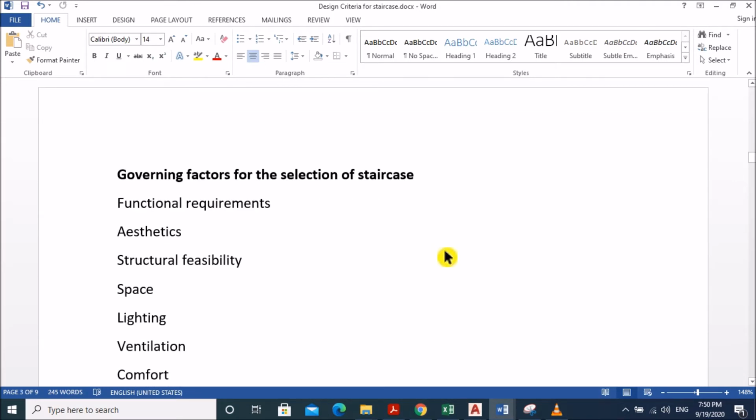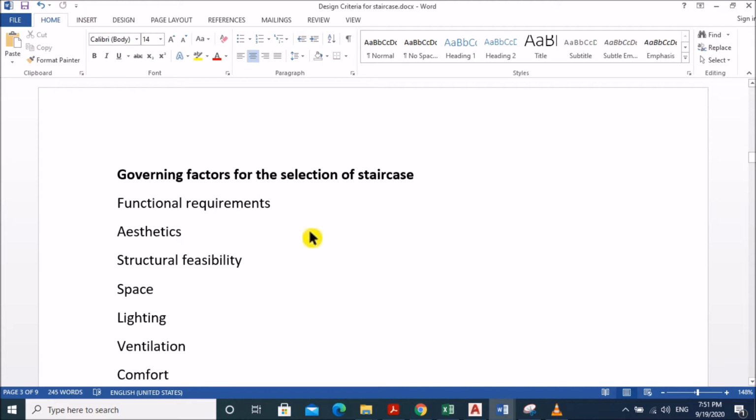Then what are the governing factors for the selection of the staircase? First is the functional requirements. What function does the staircase serve in a domestic or residential building? People may carry grains or foods when they travel on the staircase, right?